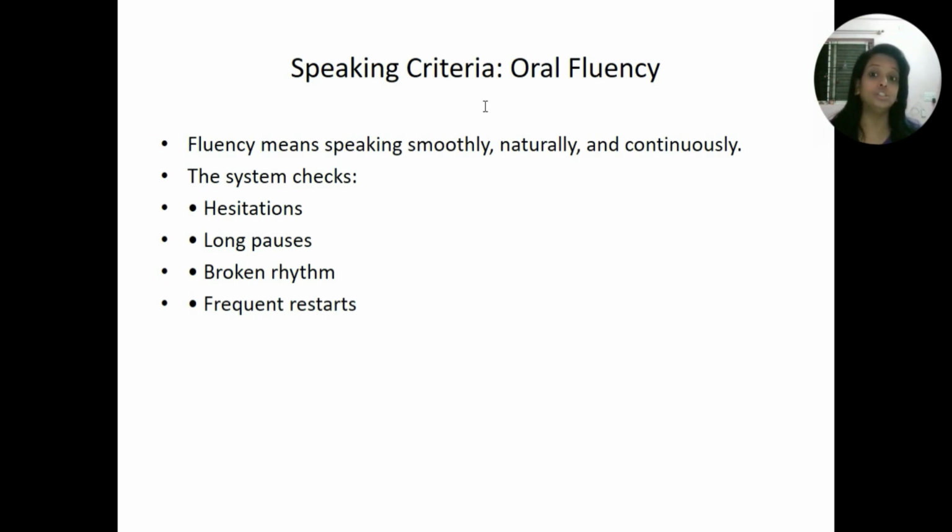The speaking section is usually evaluated based on three major factors. The first one is oral fluency. This is not about just speaking fast. This is one of the biggest myths, okay? Many students think if I speak quickly, I will sound fluent. That's wrong. Fluency means speaking smoothly, naturally, and continuously. So the system checks for long, unnatural pauses.